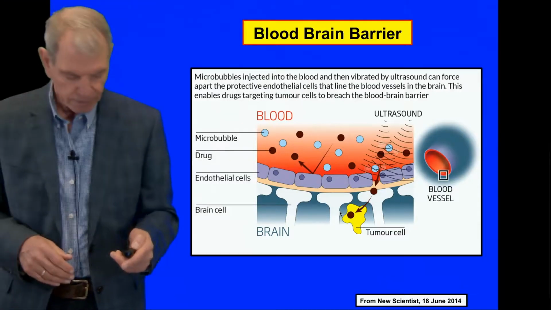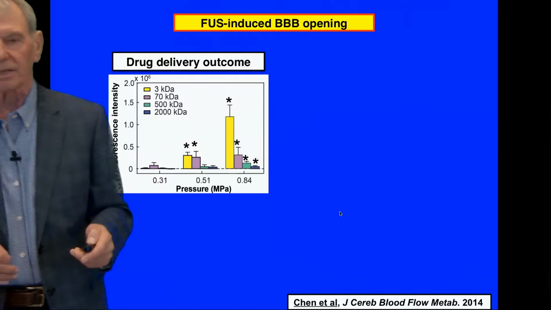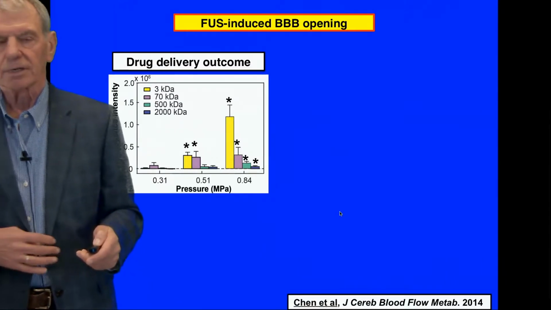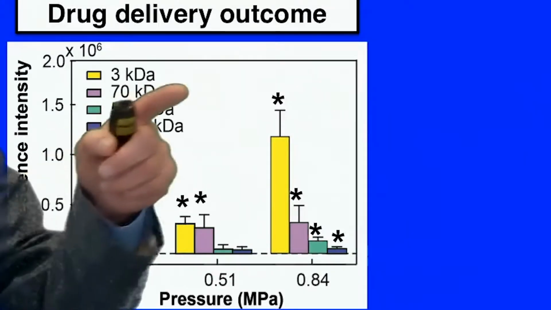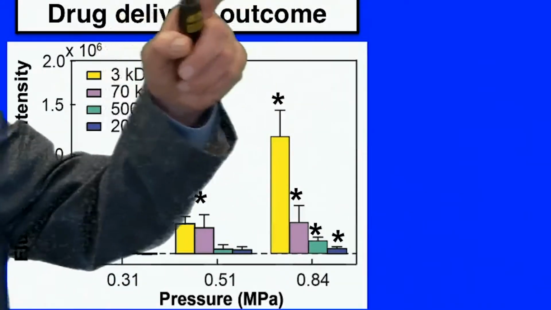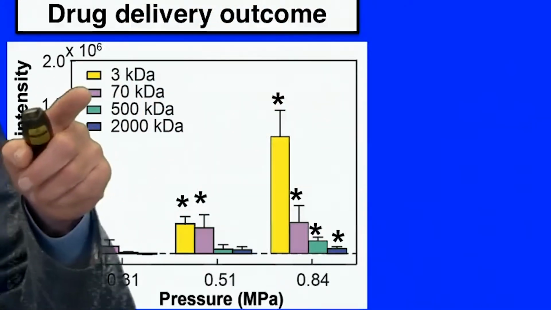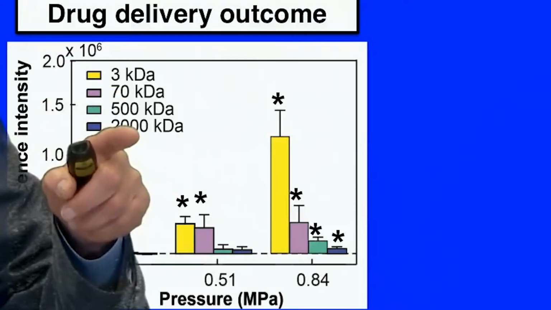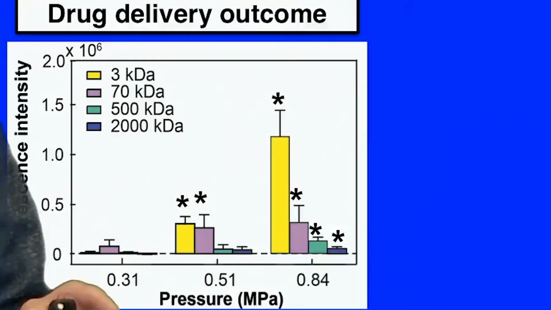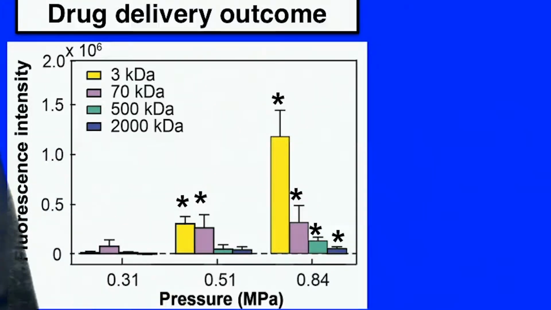And Hong Chen and her colleagues at Columbia University have been able to demonstrate that by using a focused ultrasound and ultrasound contrast agent, you can introduce various relatively large molecules from outside the blood vessels into the parenchyma of the tissue itself.